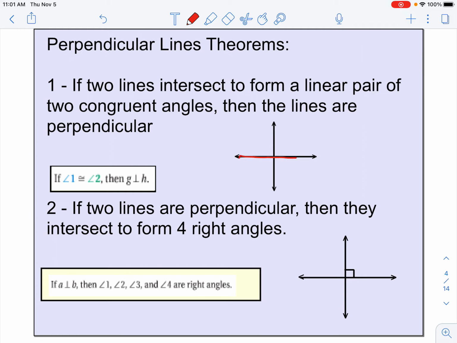So we can see that these angles right here intersect to form a linear pair, and they are actually congruent angles. So we need to mark them that way. So it says if two lines intersect to form a linear pair of two congruent angles, then these lines are perpendicular.